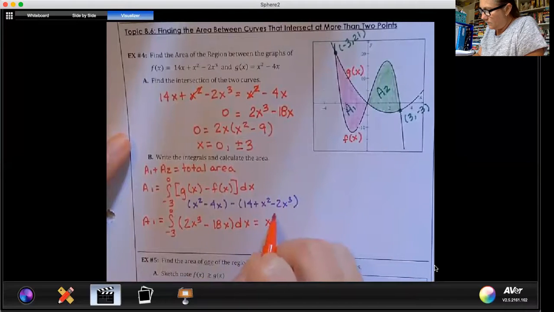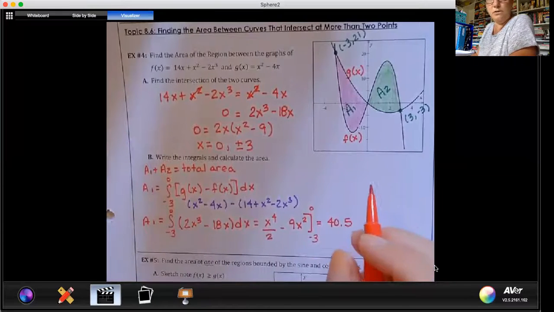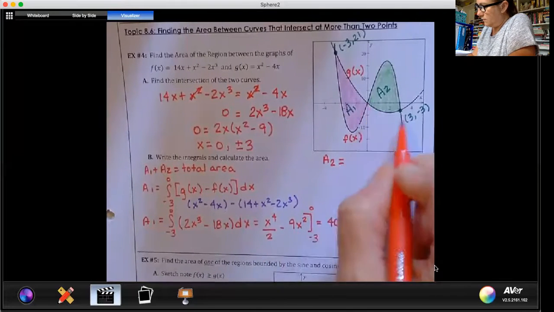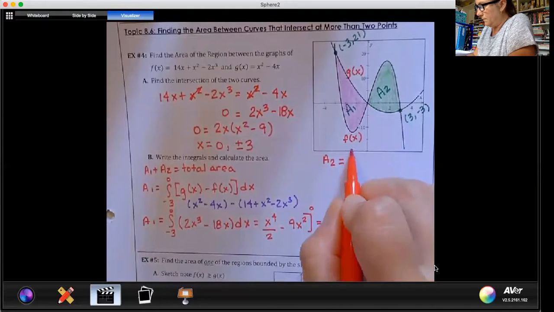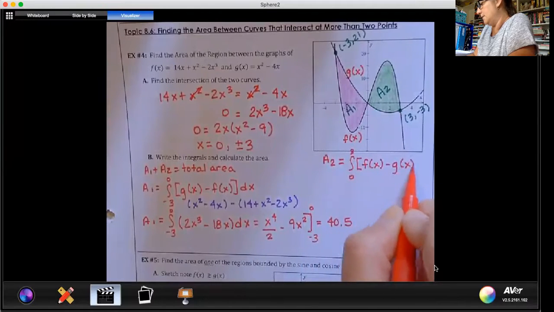So that's x to the 4th over 2 minus 9x squared from negative 3 to 0, which is 40.5. I've already done that calculation, just to save us a little bit of time. A sub 2 from 0 to 3. This time f of x is on top. So f of x minus g of x dx.